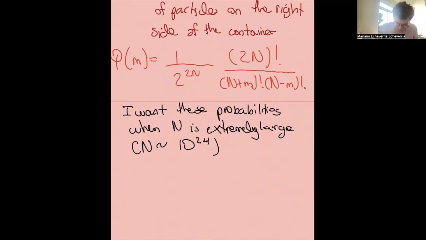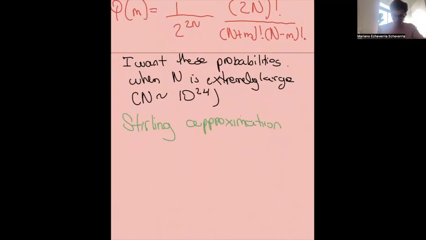Basically it gives you an approximation for the factorial, and it says that n factorial can be approximated for n large by n over e to the n times the square root of 2 pi n.